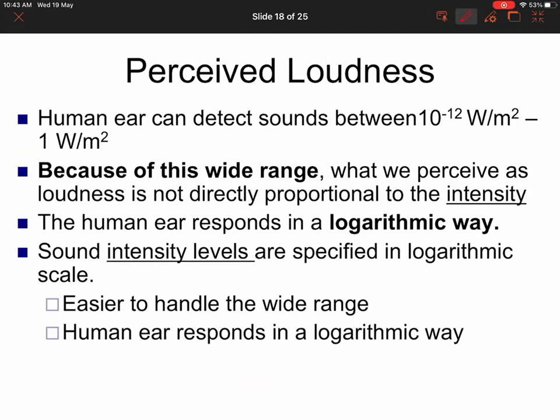So intensity level, I've underlined it here because intensity level, with the word level, is quite different to just intensity by itself. So when you read intensity level, that means that's the logarithmic scale, which is in decibels.